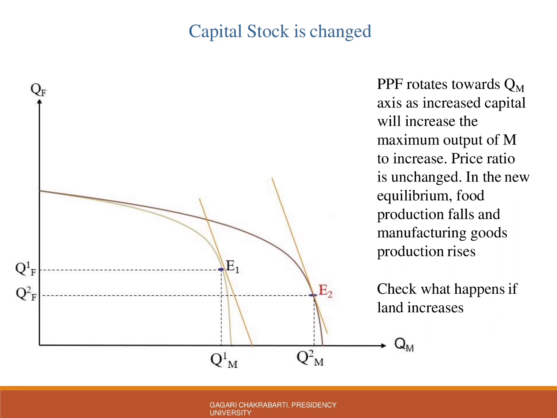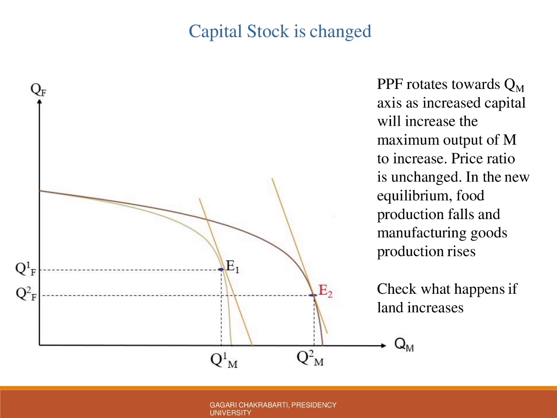We can definitely check what happens if the endowment of land increases. Then the VMPL curve will be shifting upward, so that the wage rate will increase, but here the impact on the specific factors will be different. Labor, no doubt, will be better off.